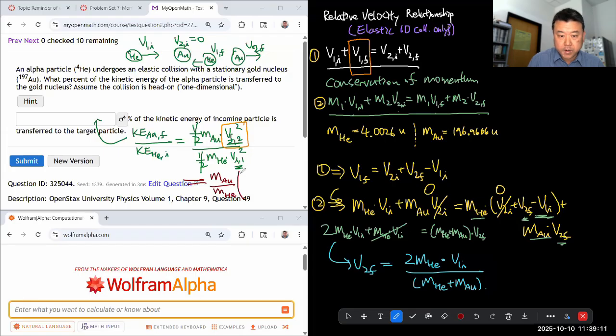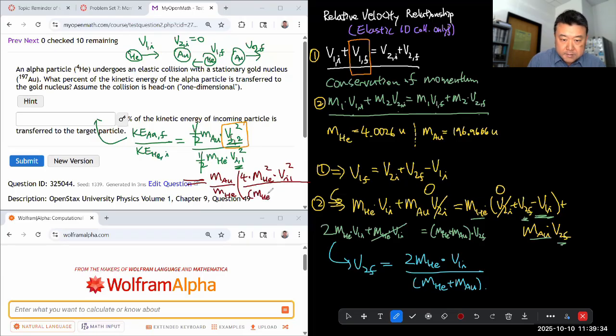So I have 2 squared, 4 times the mass of the helium squared, times the V1 initial squared. It's gonna get cancelled out, but I'll put it in anyway. And then I've divided by those masses squared. Let me just put it on the denominator, just to save room.